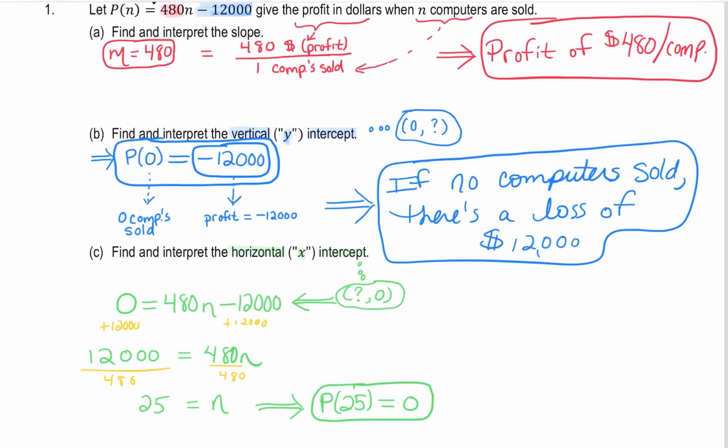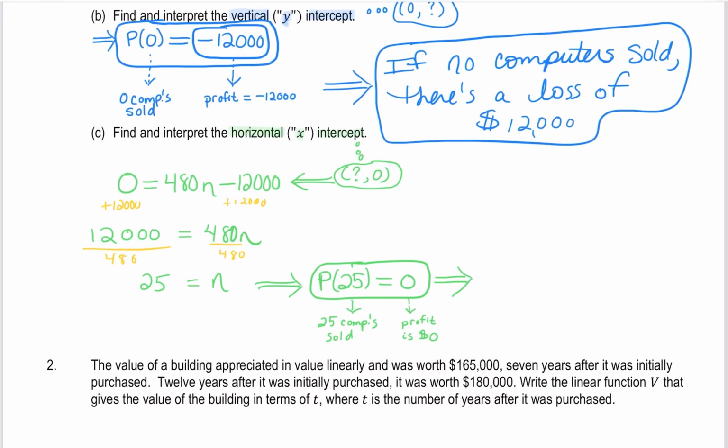So interpreting, again, anytime you have an ordered pair, whether it's an x-intercept, a y-intercept, or any other ordered pair, you just want to think about what the input and the output variables represent. So this is telling me that if there are 25 computers sold, the profit is $0. How we would probably phrase that might be a little bit different. That's what's called the break-even point.